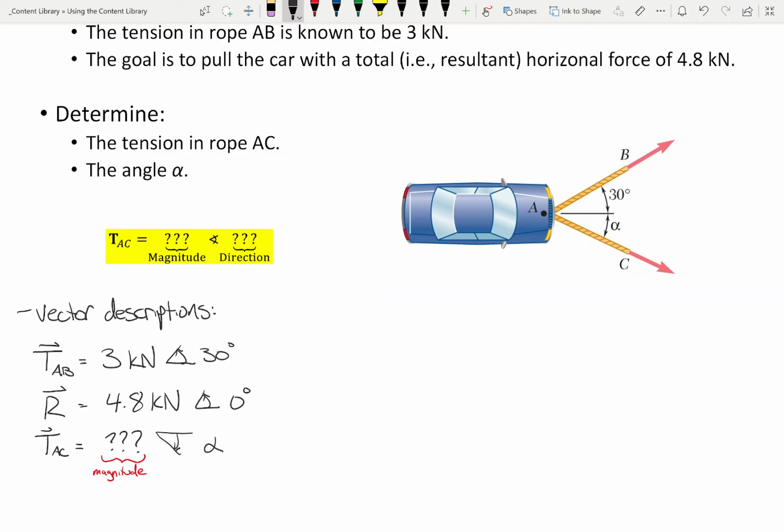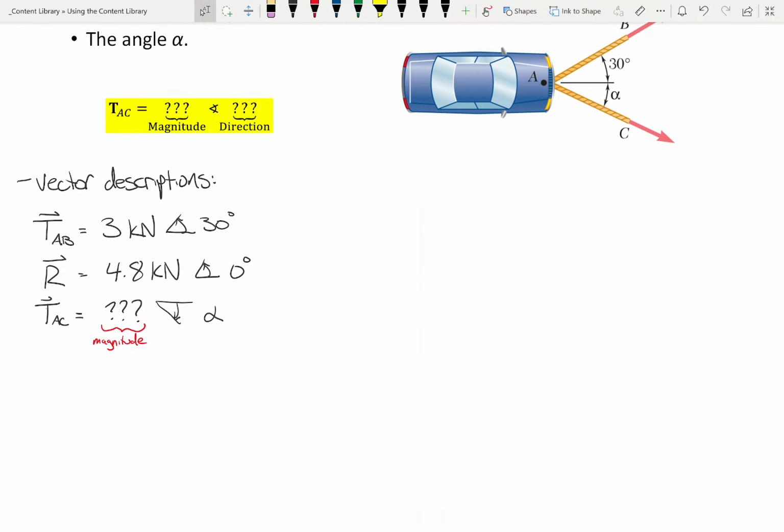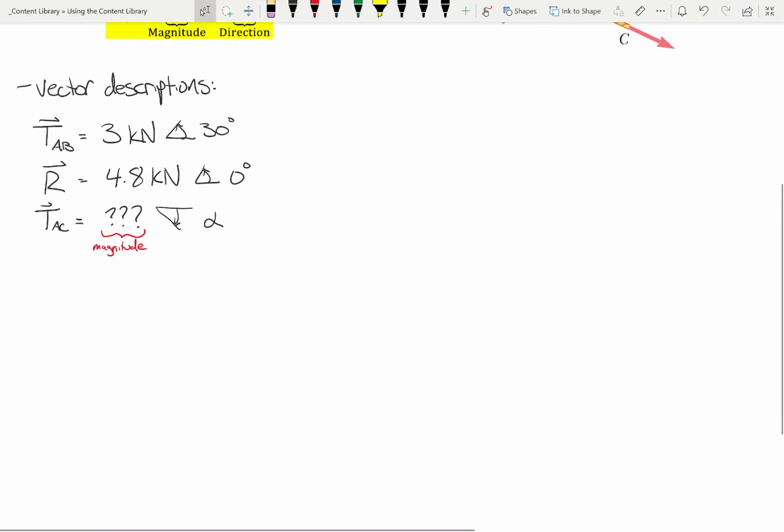So if I can figure out the magnitude and I can figure out alpha, I have this vector described. So far, so good? Now let's see if we can come up with a graphical representation.